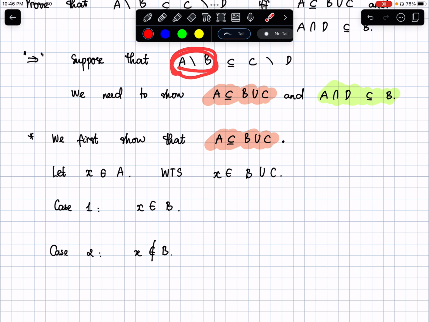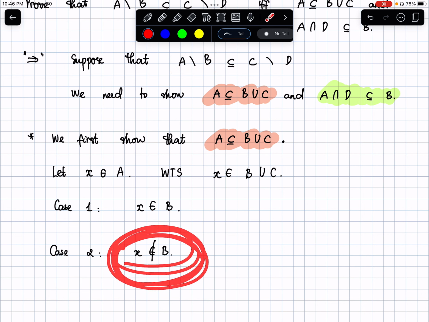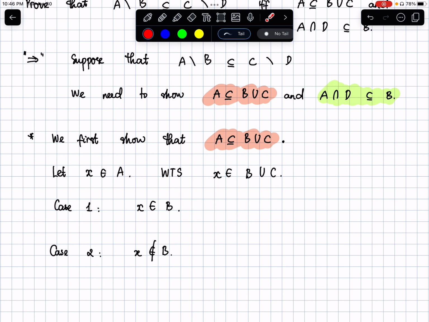Therefore, this means that X is in A but not in B, right? So to complete all the possibilities, I need to show that it's true for X in B or X not in B. Okay, let's do case 1.